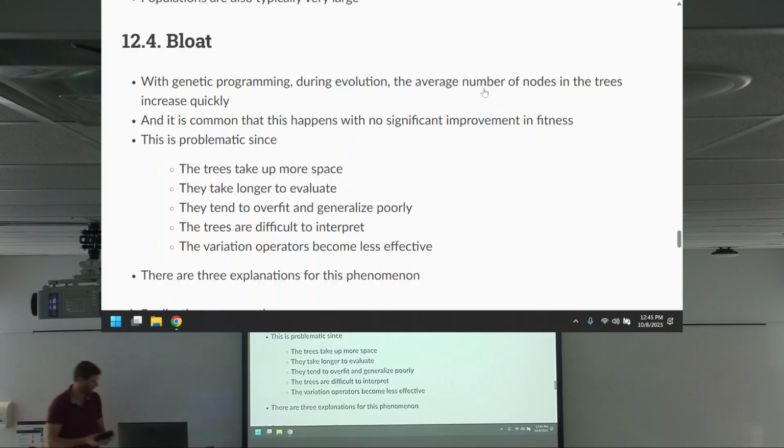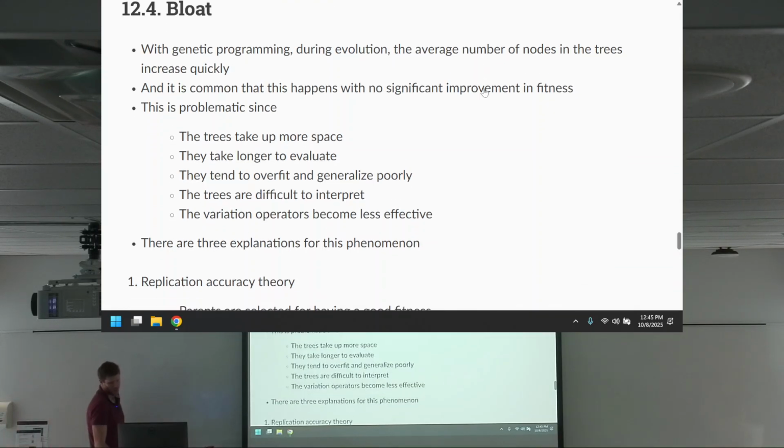I will come back to explain why, but when you have these big trees, the variation operators also become less effective. So they grow, they become harder to evaluate, and it's harder to change them with our variation operators. This is problematic.